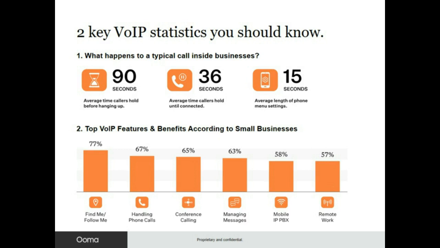VoIP offers a lot of really cool features and benefits, particularly for small businesses, that help reduce those times that an inbound call is waiting to reach its destination, and as a result, help you increase your business. Probably the biggest feature is what's oftentimes referred to as find me or follow me. That's the ability for you to have your phone ring wherever you are, literally.